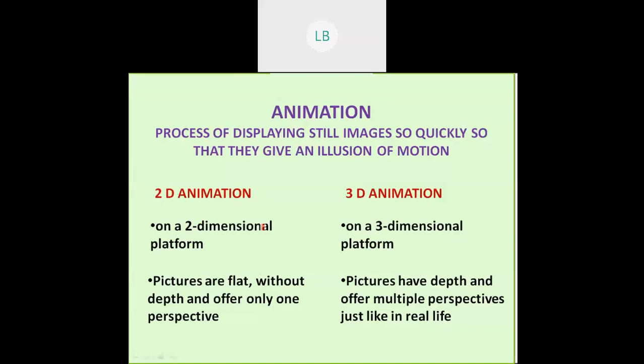The next component is animation. Animation is the process of displaying still images so quickly that they give an illusion of motion. There are two types of animation, 2D animation and 3D animation.